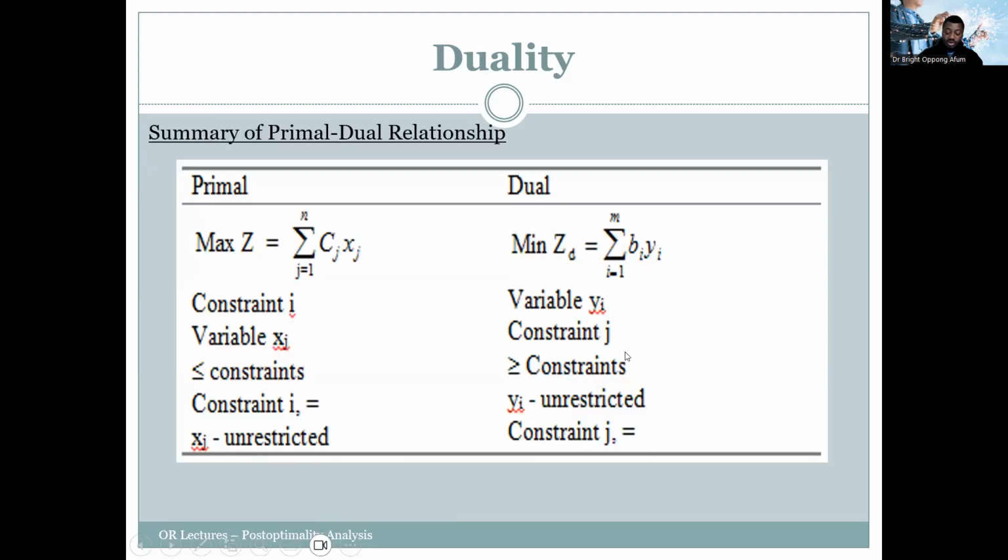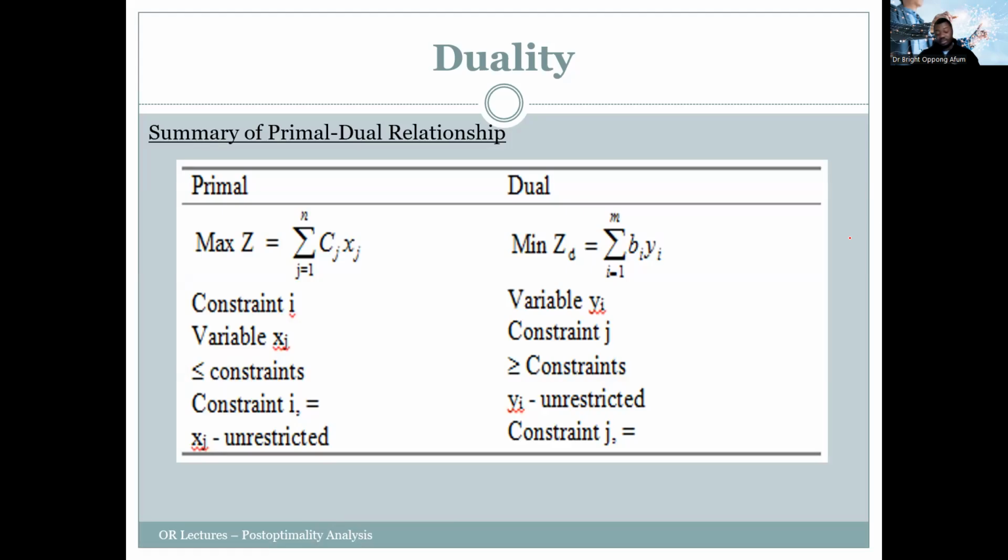So if we want to summarize the primal-dual relationship, we can say that when it's a maximization of the sum of cj xj function, it becomes a minimization, right? The constraints i become variables yi. The variables xj become the constraints j.